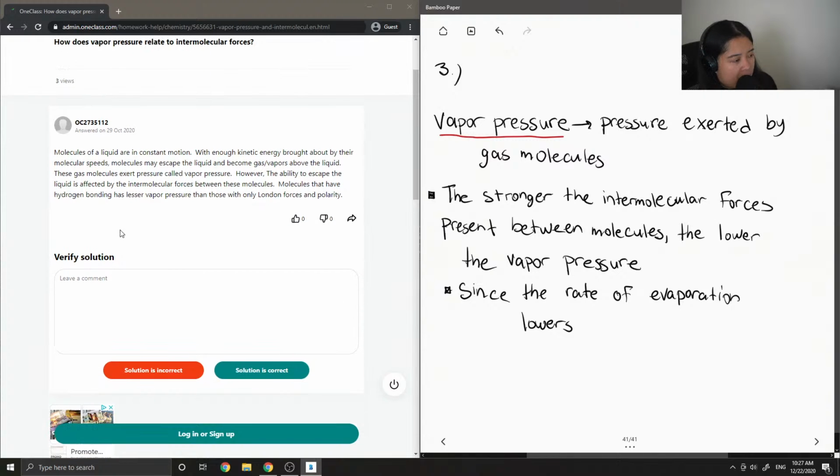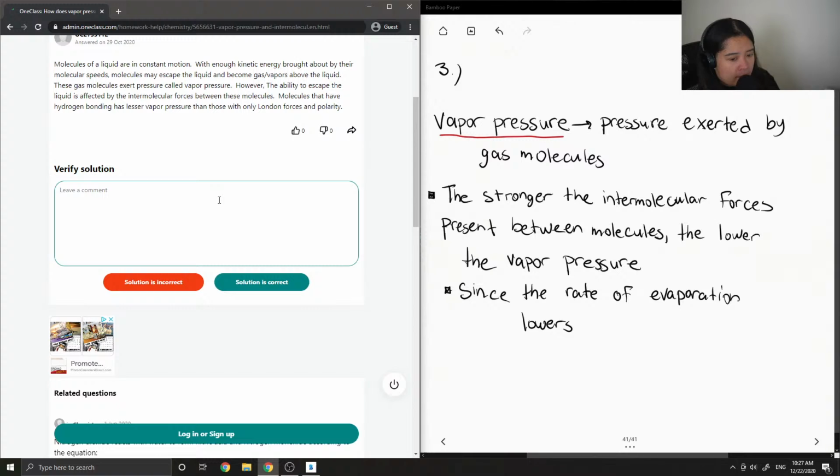Molecules that have hydrogen bonding have a lesser vapor pressure than those with only London forces and polarity. Yep, so that's pretty much the same thing as what I said, but I'll just also add my sentence as well to make it more broad.